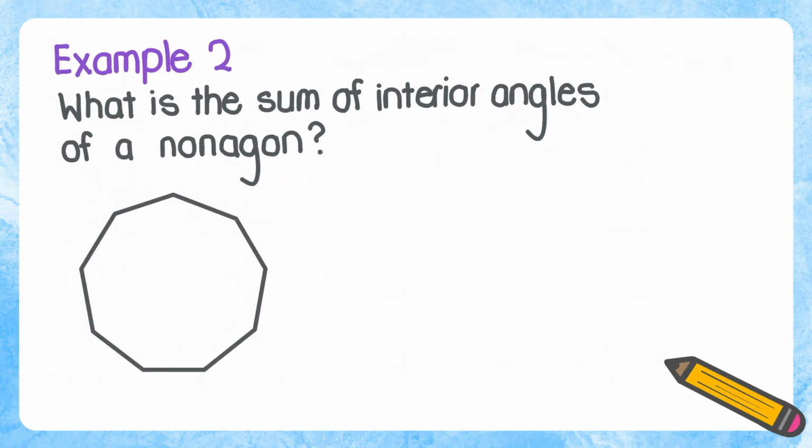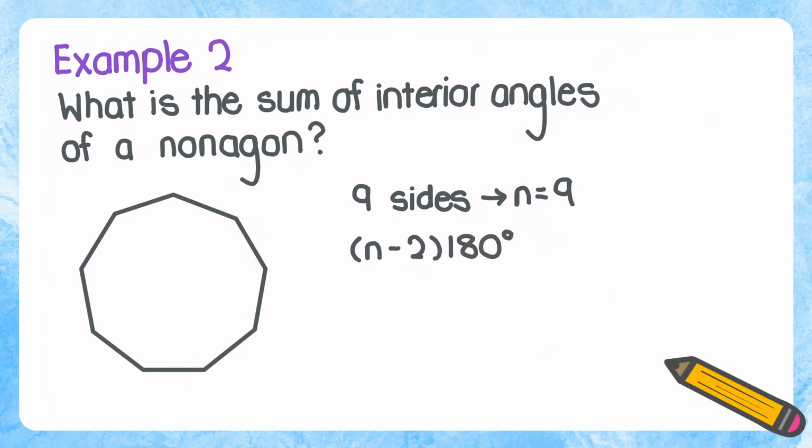Here's our second example. What is the sum of interior angles of a nonagon? First, think about how many sides a nonagon has. A nonagon has 9 sides. So for this example, we set n equal to 9. Our formula to find the sum of interior angles is n minus 2 times 180 degrees.